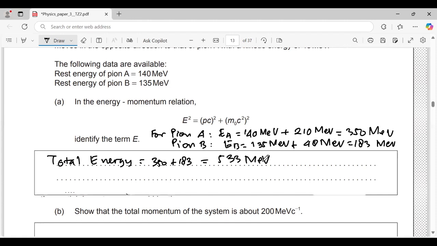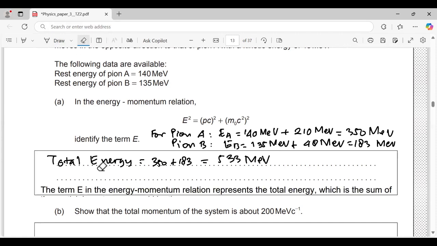And I have provided a brief explanation about this: the term E in the energy momentum relation represents the total energy, which is the sum of particle rest energy and kinetic energy. This kinetic energy plus the rest energy. Okay, so the particle rest energy plus kinetic energy is this one, 533 mega electron volt.